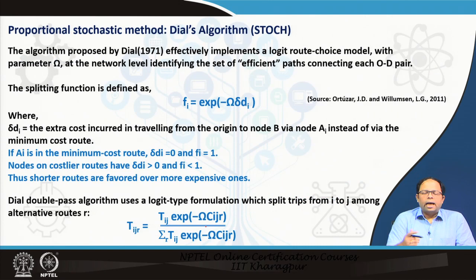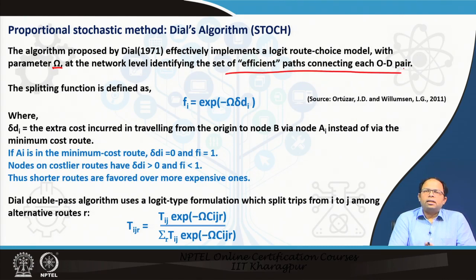Now, in Dial's algorithm, the algorithm proposed by Dial implements a logit route choice model with parameter omega at the network level, identifying a set of efficient paths connecting each OD pair.